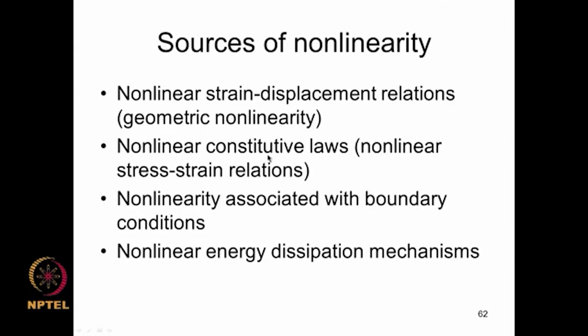Then we had nonlinear constitutive laws, and this type of nonlinearity was called material nonlinearity. Then nonlinearity associated with boundary conditions, as in contact problems or free plays and so forth, induces a different kind of nonlinearity. The energy dissipation mechanisms also bring in newer forms of nonlinearity. It could be friction, it could be impacting at free plays, etc.